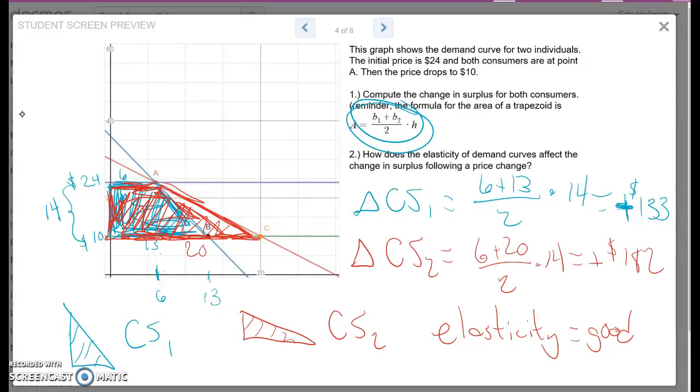An example of a good where demand might be elastic is something where there are a lot of substitutes. Maybe the good we're looking at is Gatorade. If the price of Gatorade drops, there are a lot of people who are going to substitute away from Powerade and start buying Gatorade, so people are able to take advantage of the price drop.